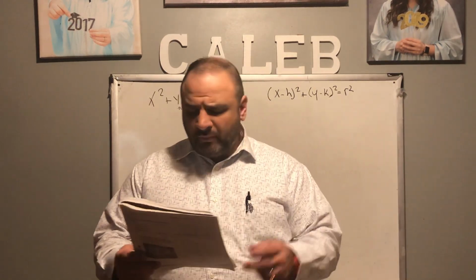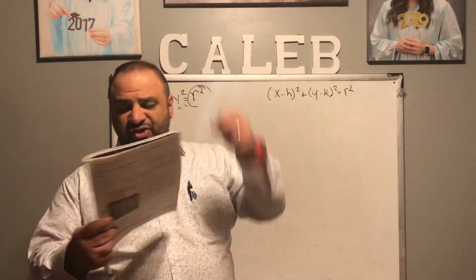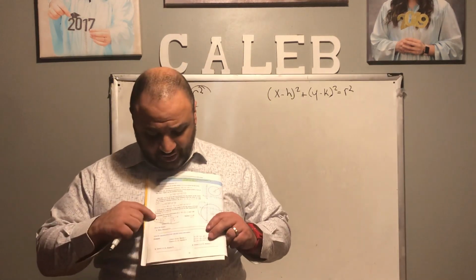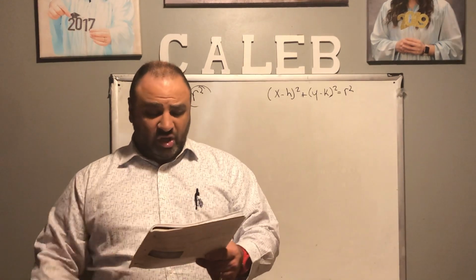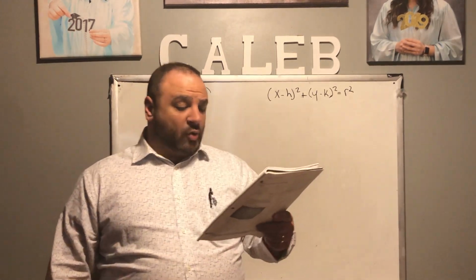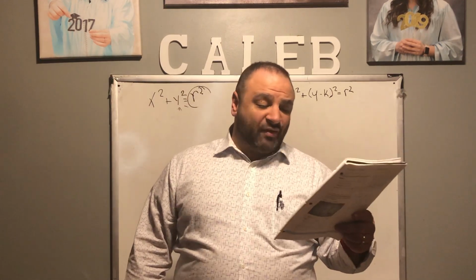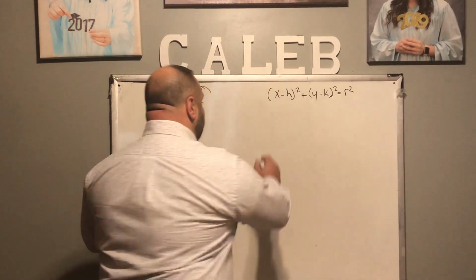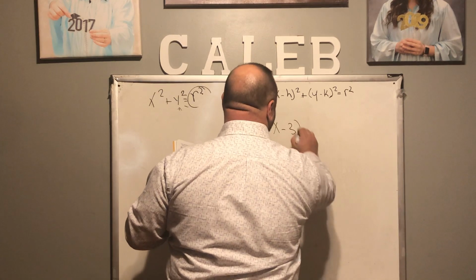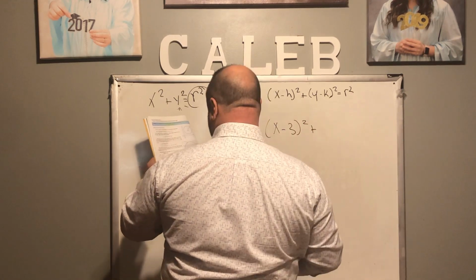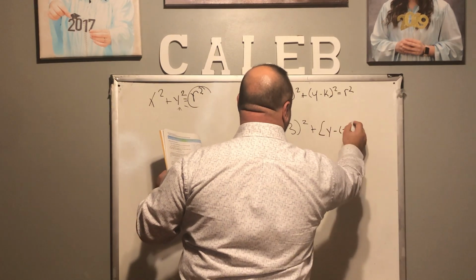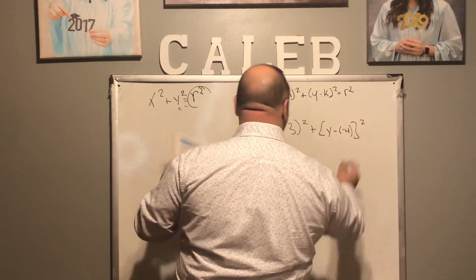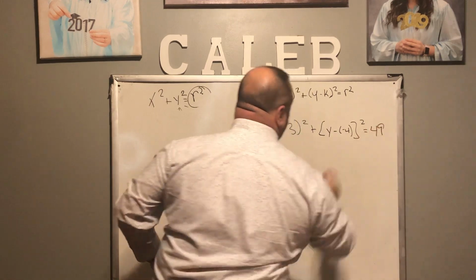All right, so now how do we do this? Let's look down below here. You'll see down on your page 35, about halfway down, an illustration. We're going to do that illustration together. Let's find the center and radius of x minus 3 squared plus y minus negative 4 squared equals 49.